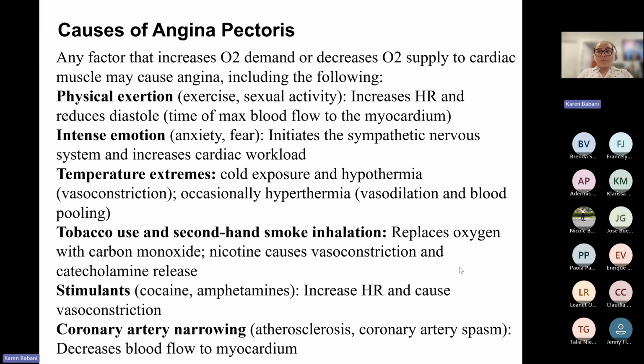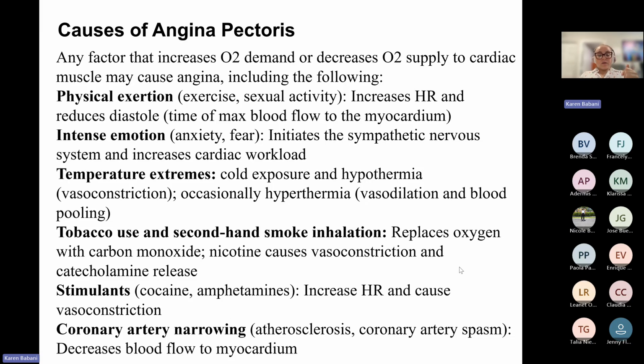Another reason why people who get panic attacks or anxiety attacks get chest pains. There's more demand of oxygen and not enough supply. Again, it's also a sympathetic nervous system response. The heart is working a little harder.